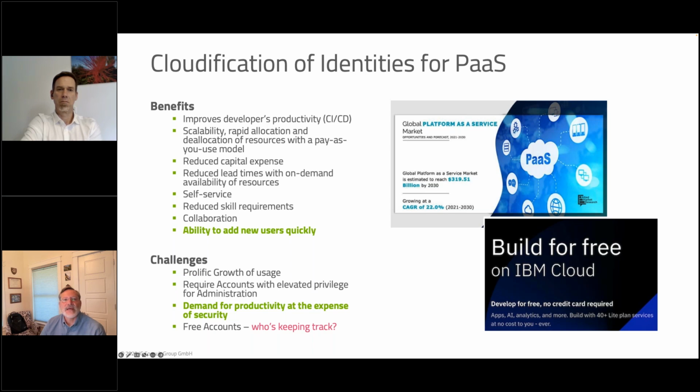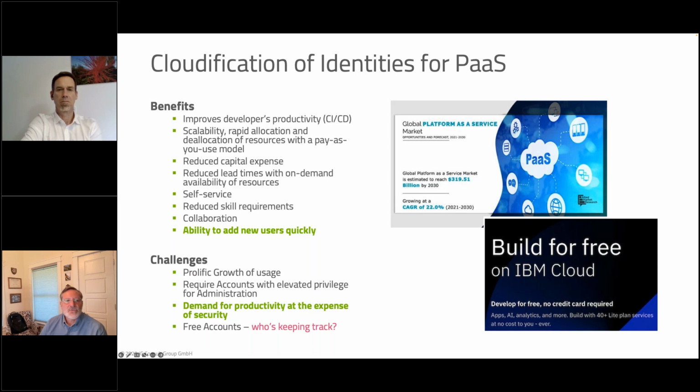As you can see from that image there, that was from Allied Research. Also, we have challenges, and that's where we're having to address them. Again, prolific growth.